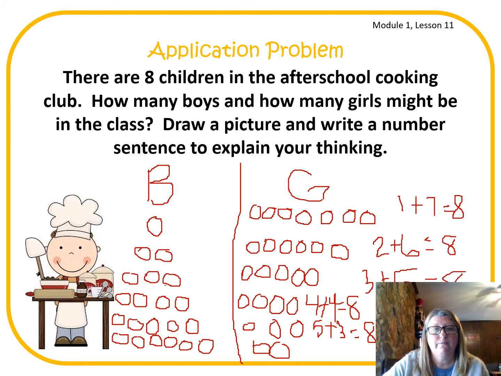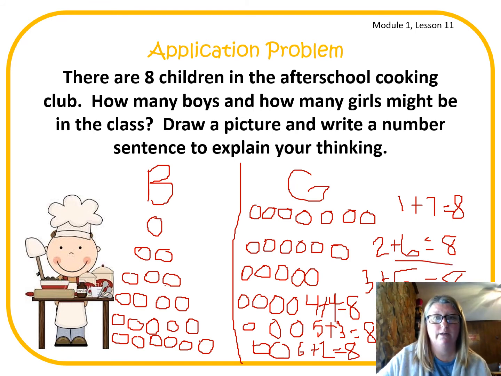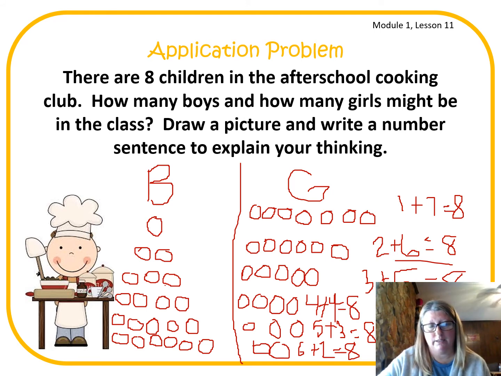So if there's 6 boys in the class, there would only be 2 girls in the class. So that is 6 plus 2 equals 8. Well, look up here. We had 2 plus 6 equals 8. So here's another turnaround fact.